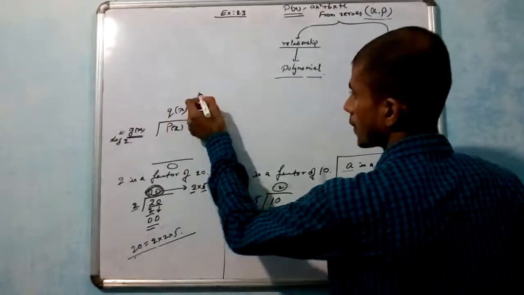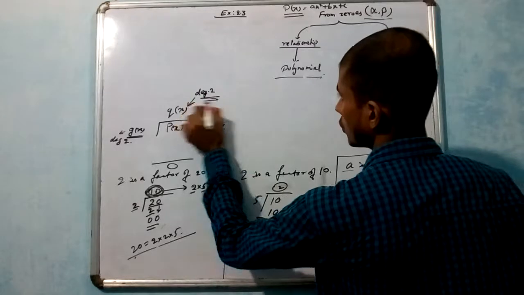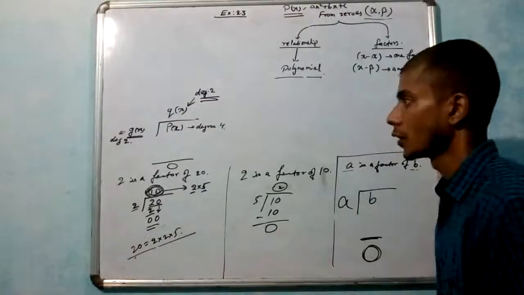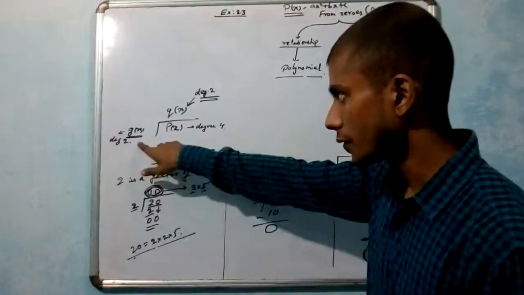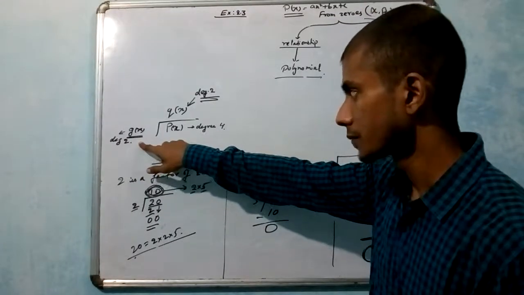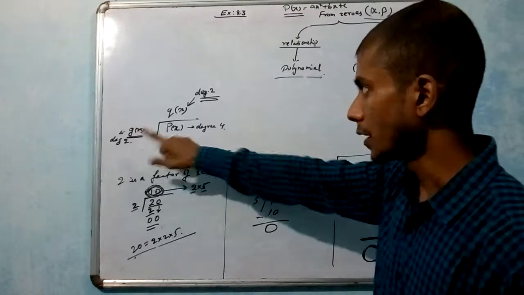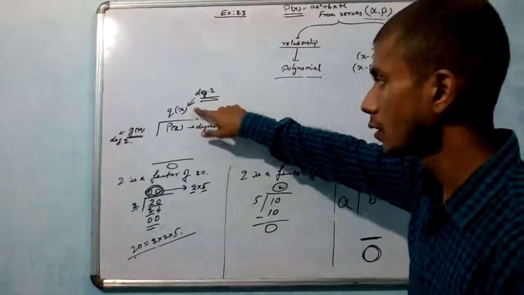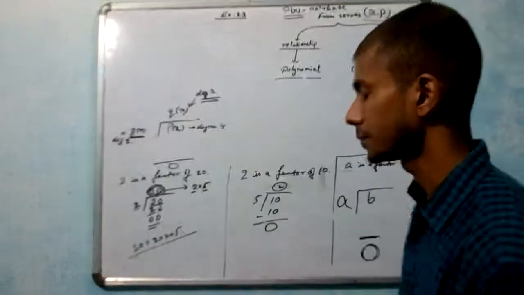Degree 2. See, one thing we have to understand in polynomial division: the degree of the divisor plus the degree of the quotient is always equal to the degree of the dividend.